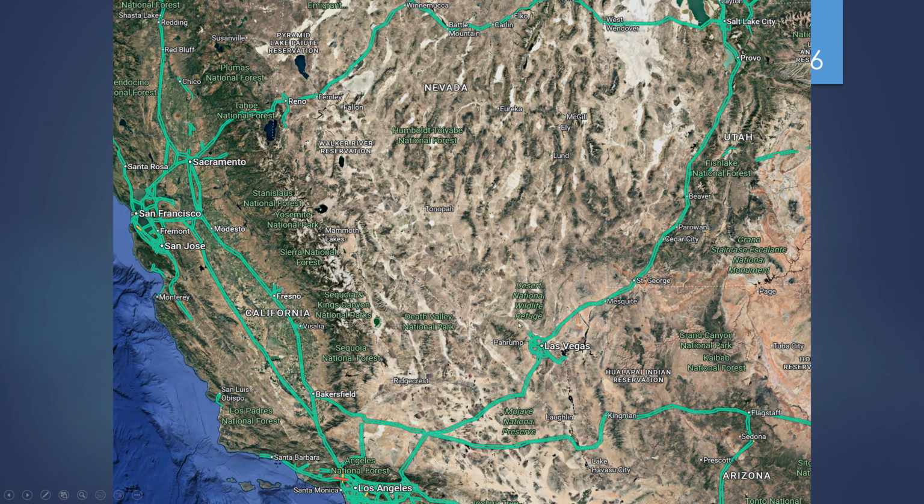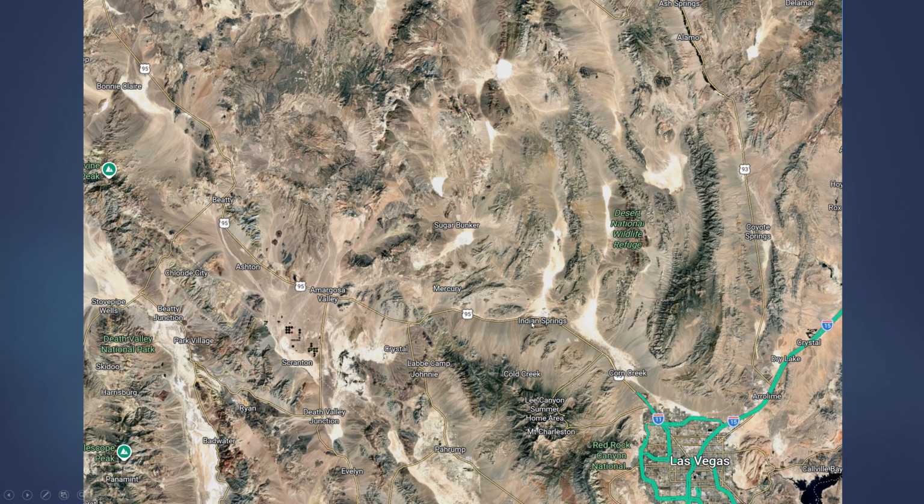But now let's look at Las Vegas down here. This is Las Vegas, and you'll be surprised to see how close you can find very sensitive sites to Las Vegas. And I'm going to show you this area here in particular. So here we have Las Vegas down here as we had previously, but here we have some very unprecise mountain area with weird names like Mercury or Sugar Bunker.